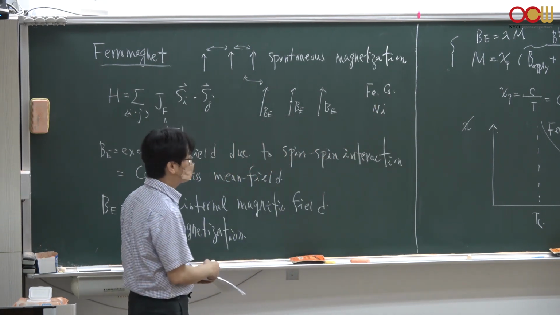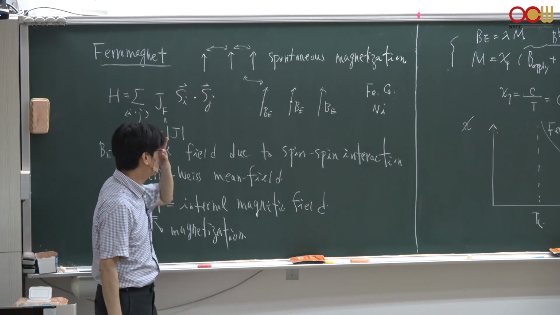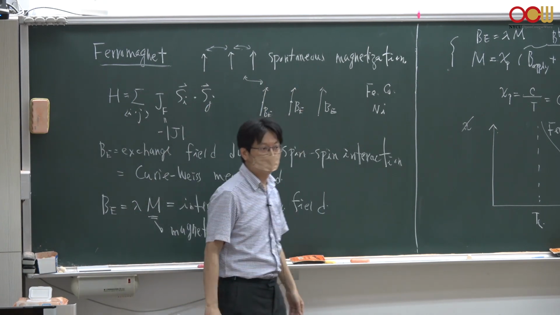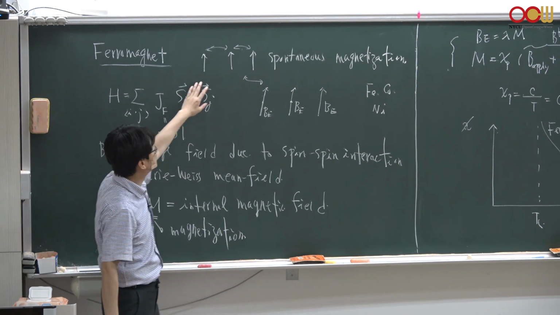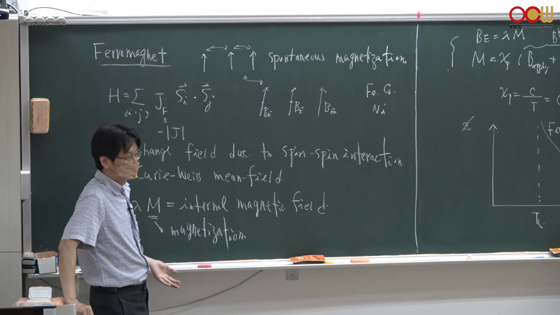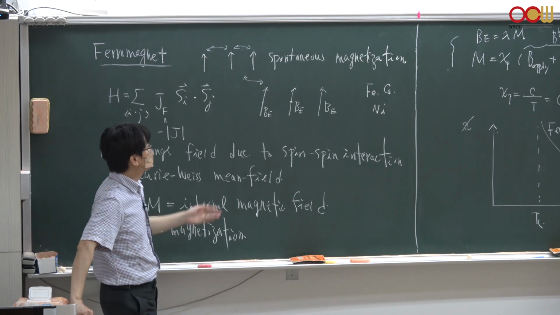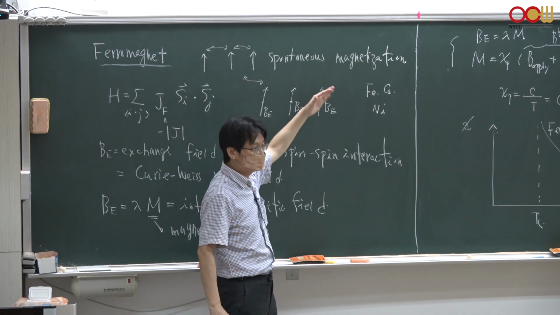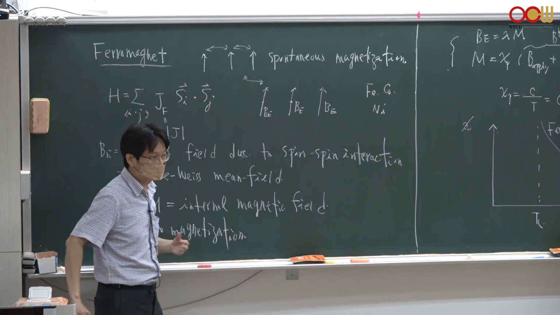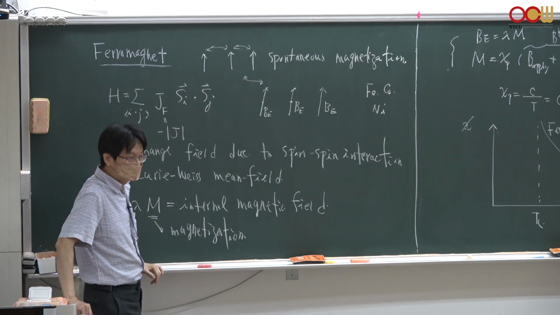Okay, so the common feature of these materials is that they have spontaneous magnetization at low temperatures, and to explain why they have such peculiar properties, this could be understood in terms of the spins and spin interactions.